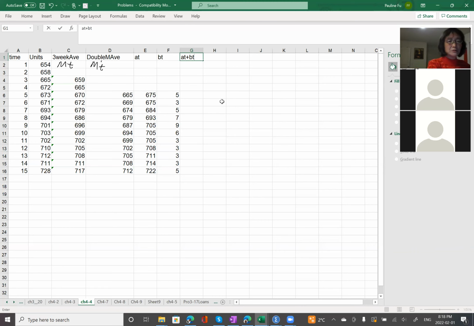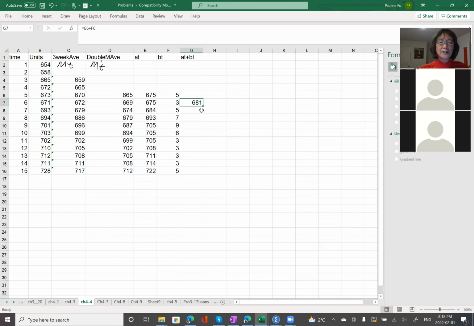P equal to 1 because just one period ahead. So how do I do forecast? To forecast for this number, you just use AT plus BT, that's it. You got the result.